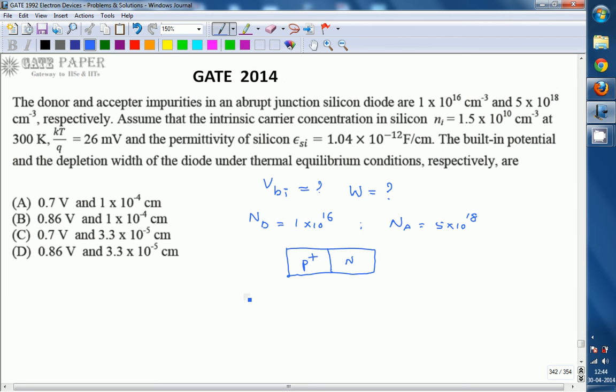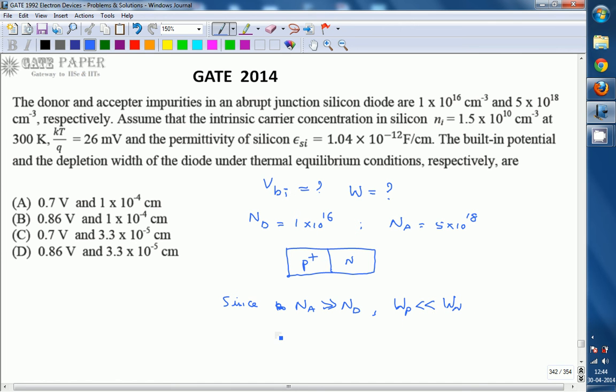Since the acceptor concentration Na is very large compared to Nd, that is, the P side is heavily doped, the width of the P side is very small compared to the width of the N side.